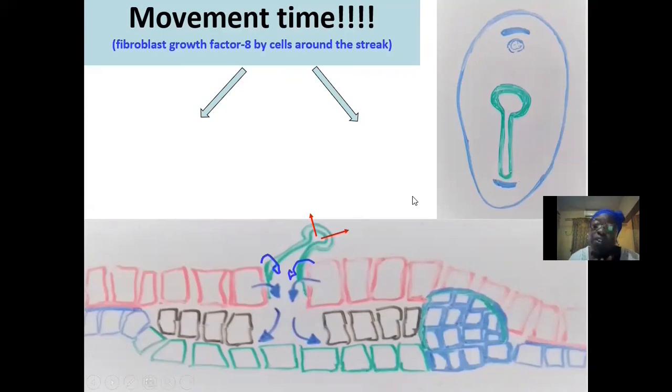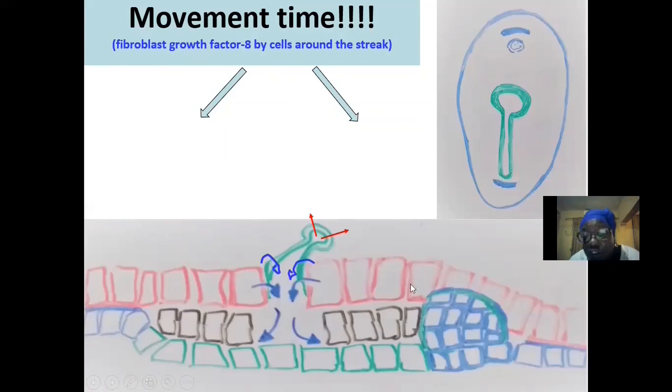The movement occurs as a result of fibroblast growth factor 8. This protein is specifically secreted or released by the epiblastic cells that surround the primitive streak. What this does is to loosen the junctional complexes between these cells. If you look at this image, these are the epiblastic cells, and these cells are held together by junctional complexes.